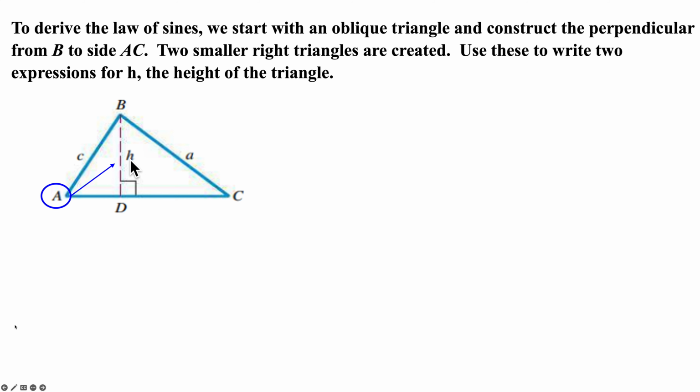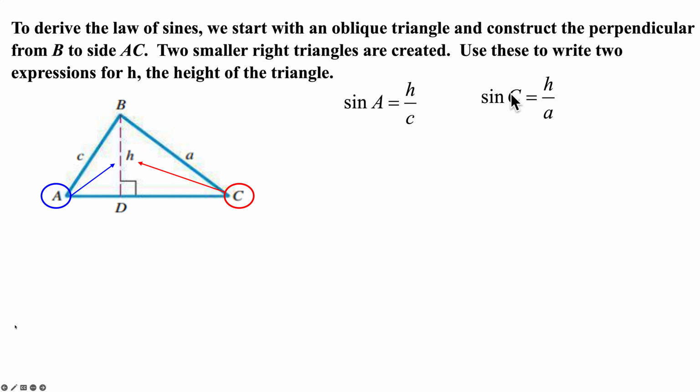Opposite of A is H over hypotenuse C. Then what we're going to do is solve this for H by simply multiplying both sides by C. Well, how about at the same time we also look at the right triangle? Let's do both right triangles at the same time. Angle C is my reference angle. Opposite side again is H over hypotenuse A. So here are my two trig ratios.